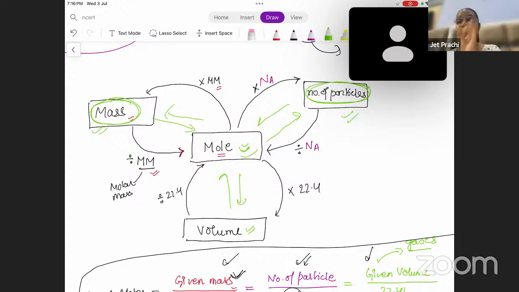So the first step you have to follow is to find out the number of moles, and then you can do whatever you want, whether you want to find the number of particles or the volume.